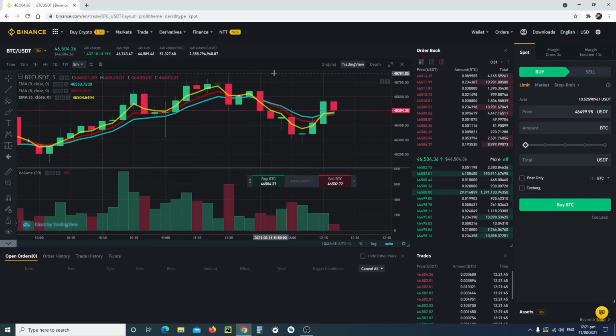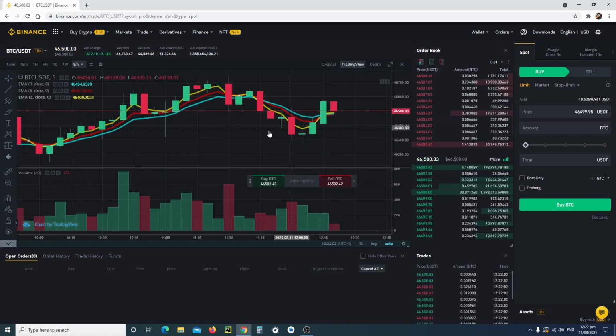And here you'll see that it crossed and went down, and the market did go down. Right now the market is struggling on whether it is going up or coming down.